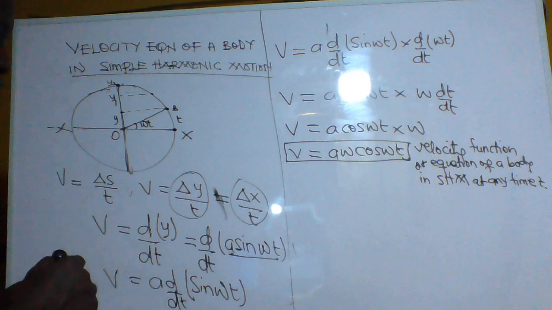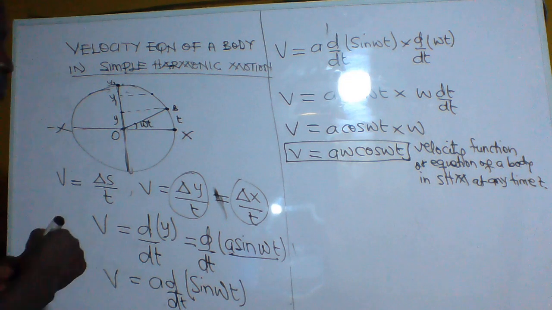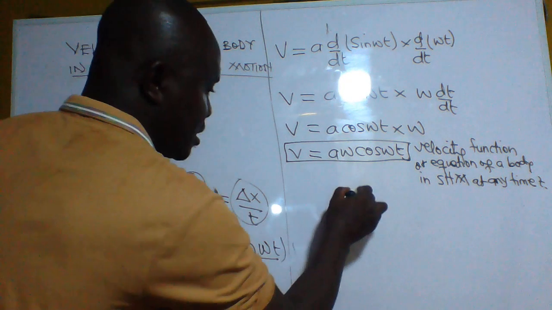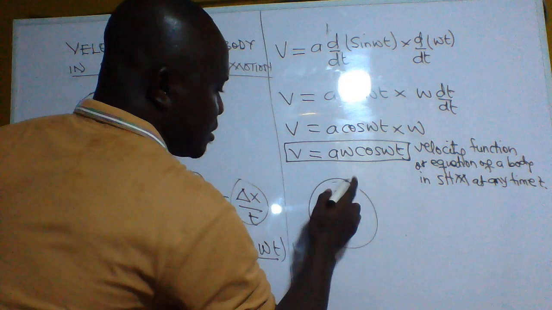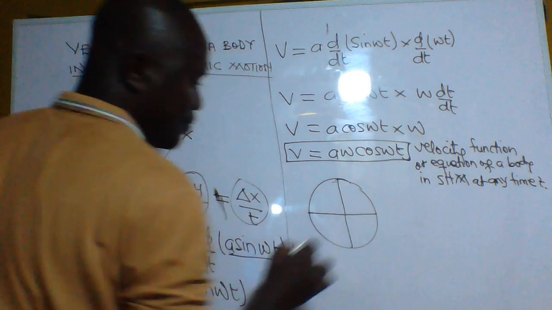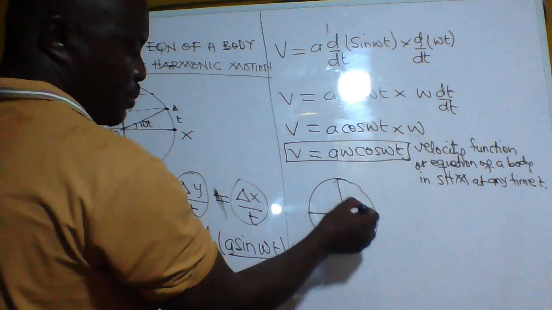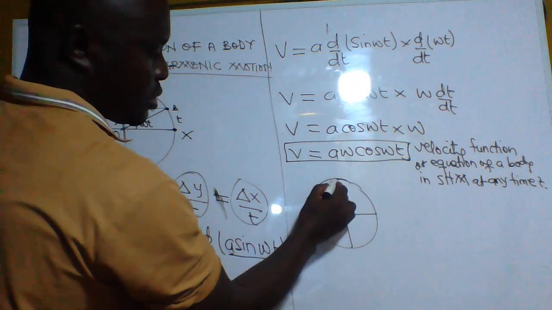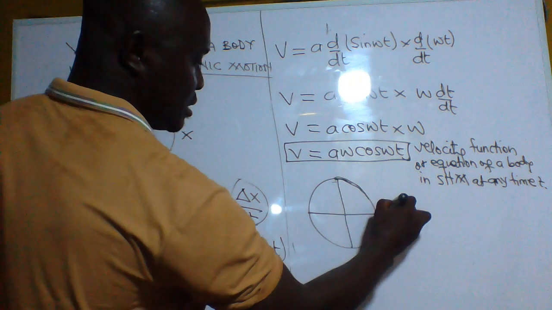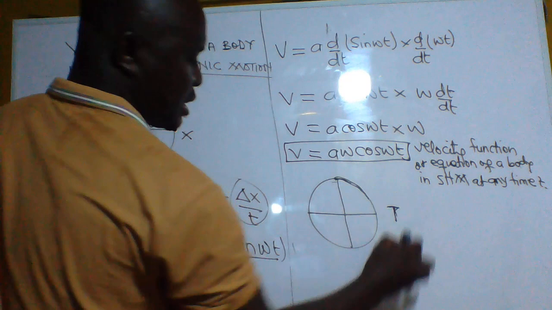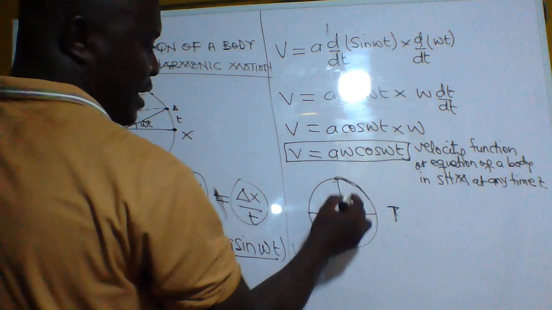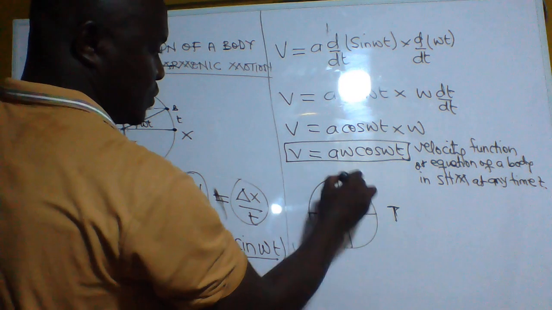Let's quickly consider some analysis. Let's consider this body. We earlier saw that when the particle goes through one complete revolution, it takes the time period capital T for any complete revolution. So let's divide this time period into quadrants.